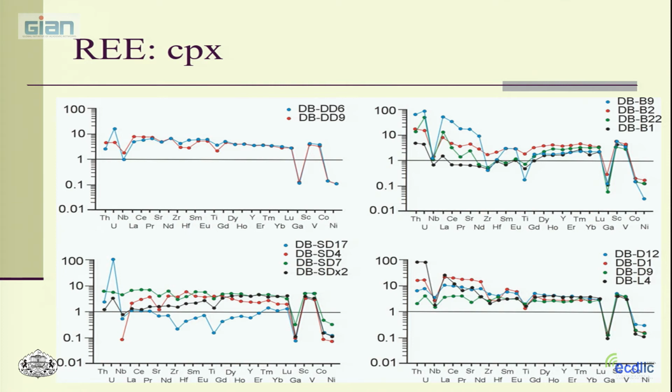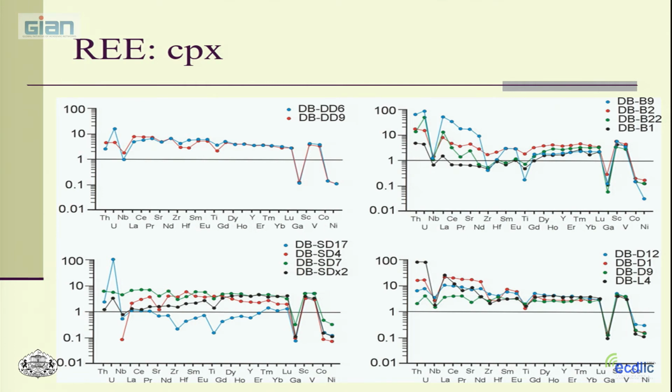For example, over here you can see many of them showing the trend should have been this way, as Michel was talking about, when they are products of partial melting, but instead the lighter rare earth elements show enrichment. So that is an indication of metasomatism, which has caused this particular enrichment.